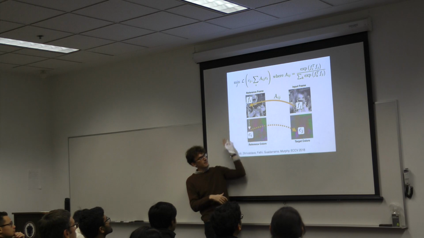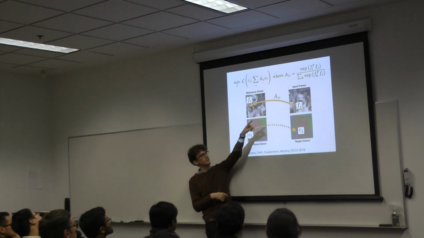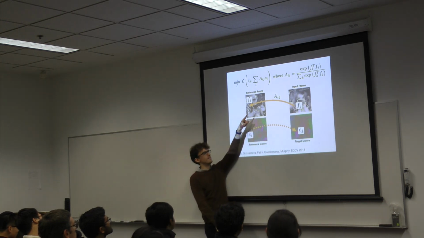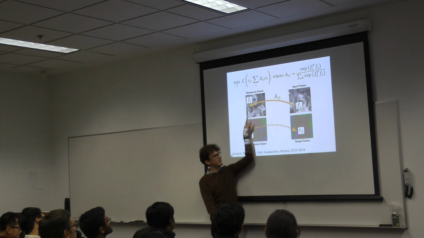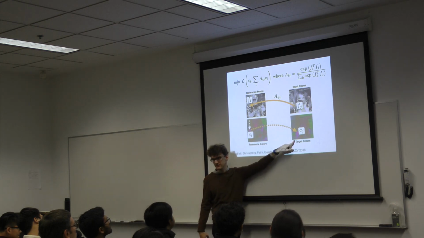Because you can backprop through this entire process, you can learn embeddings such that when you take the weighted combination of the reference colors, you will recover the target color here.